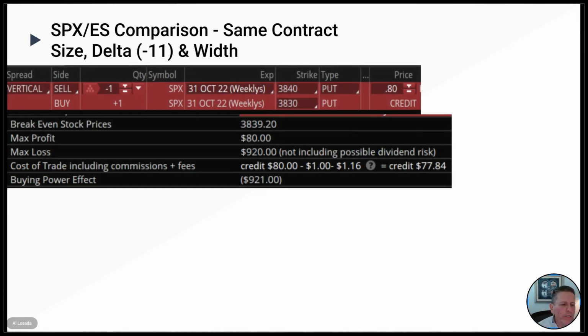So we have this position here. This is a 10 wide position, 38.40, 38.30. The max profit is one contract, and so it's $80 in this case. Your max loss is $920.